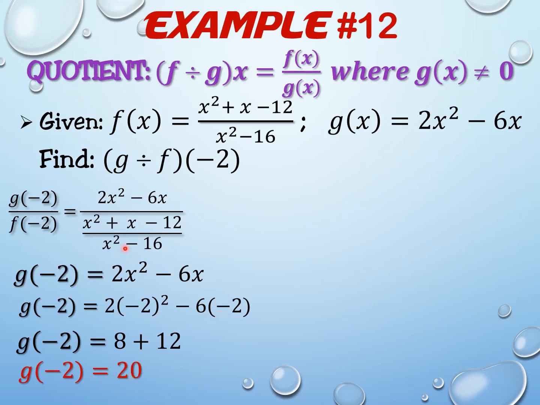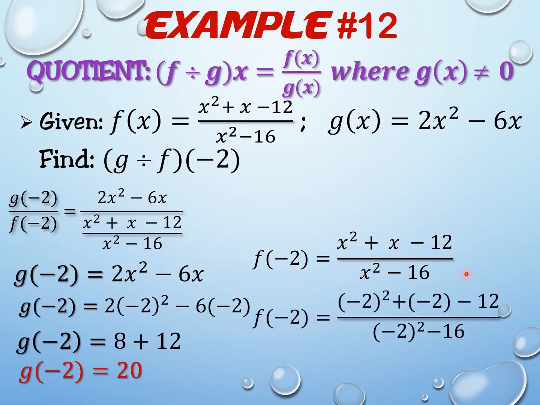Now, let's have f of -2. Again, we just replace all the x's by -2 in this given function. That will give you -2 squared plus -2 minus 12 divided by -2 squared minus 16. And what is -2 squared? Yes, correct. That is positive 4 plus the -2, that will be positive 2 minus 12.